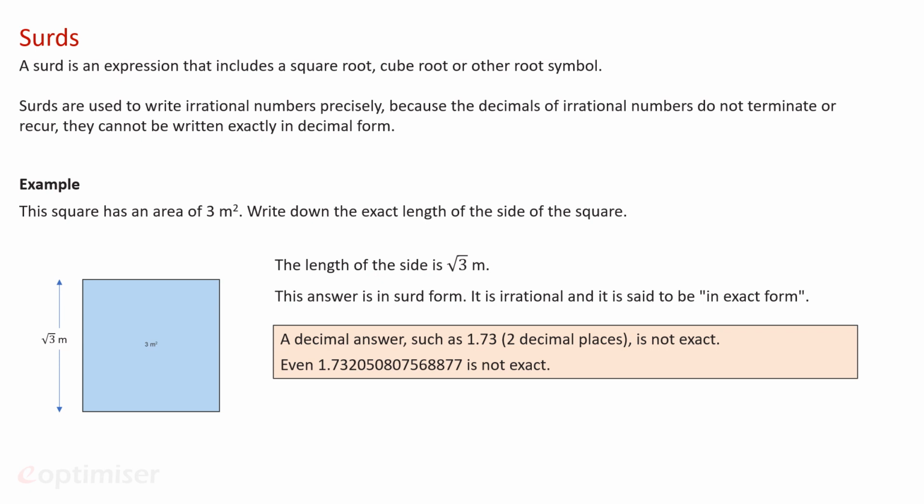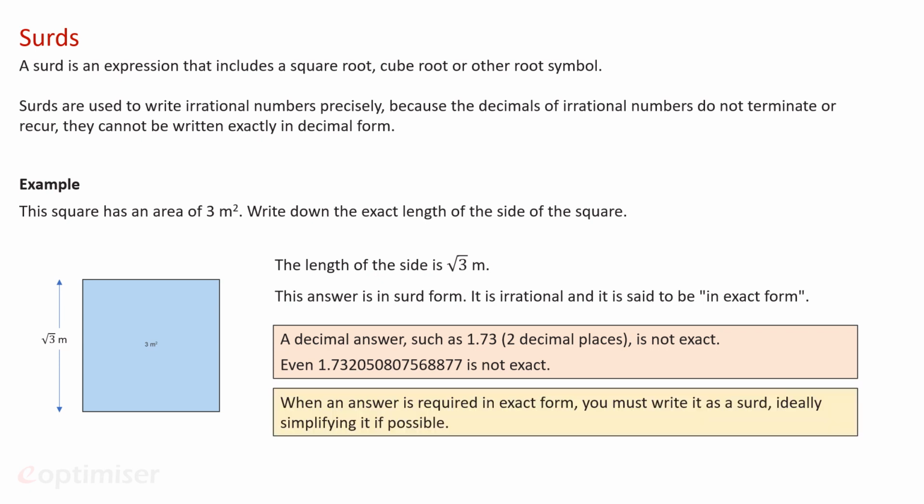It will go on forever, and it won't have any pattern, so it does not reoccur. So you can't put any dot. You would have to write 1.73205080 and it will continue forever. So better to represent this as square root of 3.